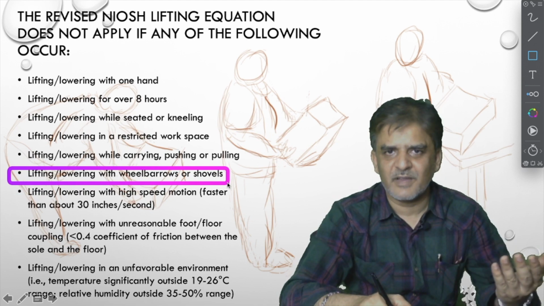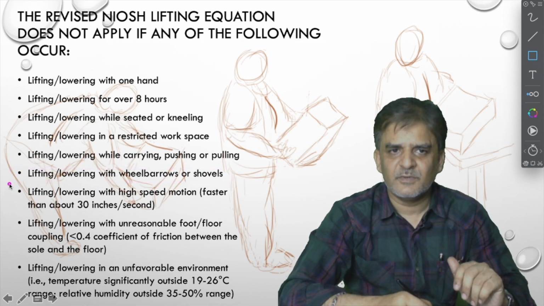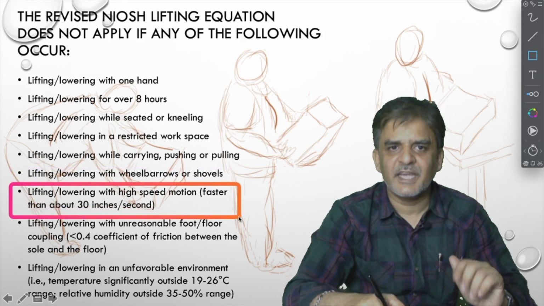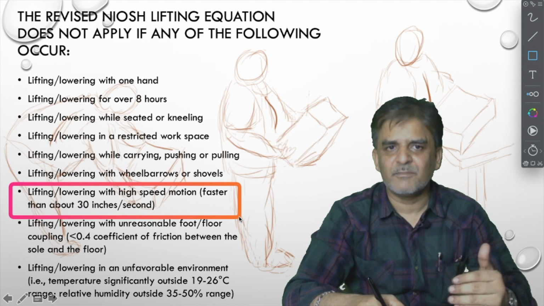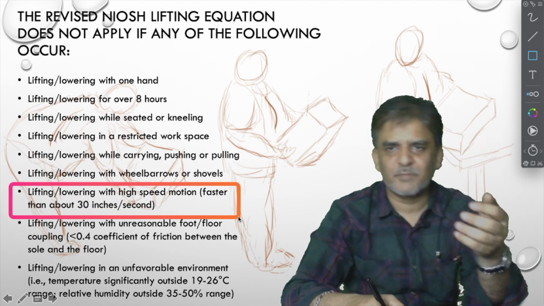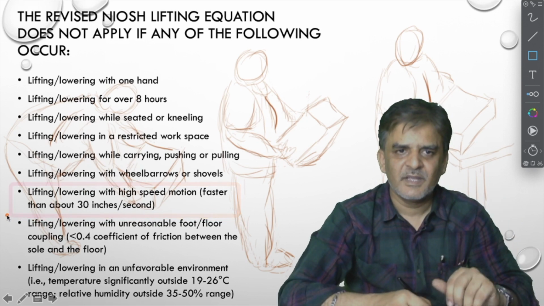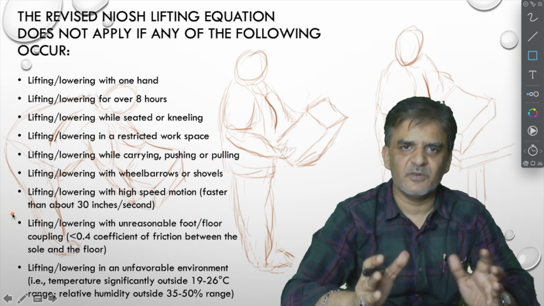We know F.W. Taylor's or Gilbreth's experiments for shovel work. Lifting and lowering with high speed, for example 30 inches per second: if we have a very fast pace of work, then also we will not apply this lifting equation. It is for a moderate speed of working.